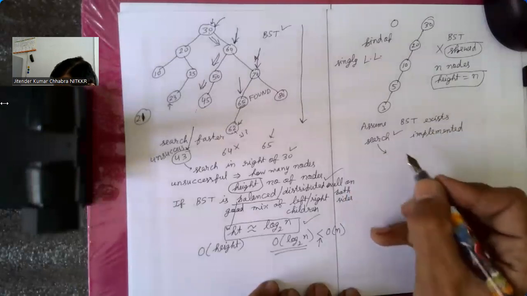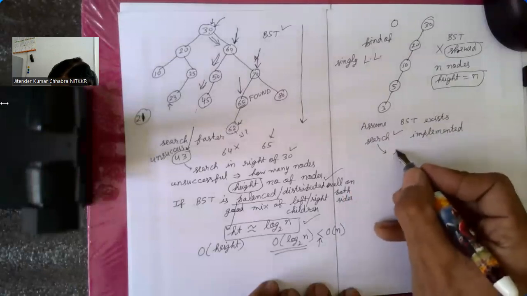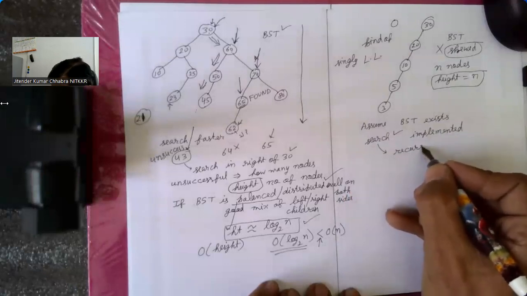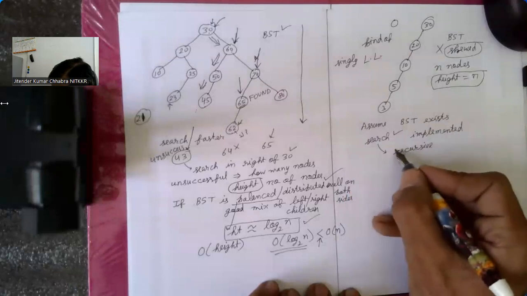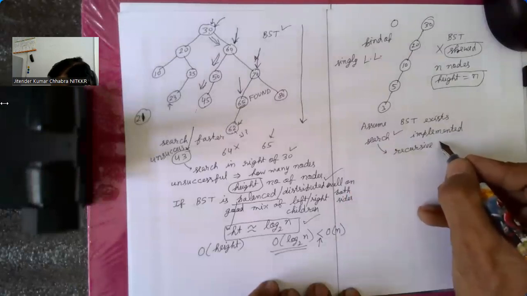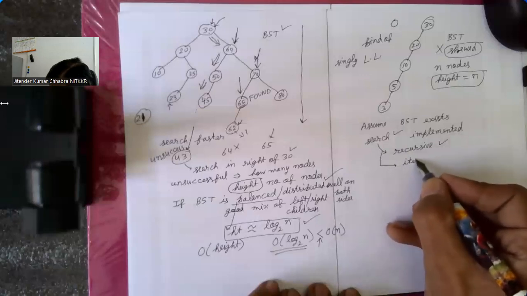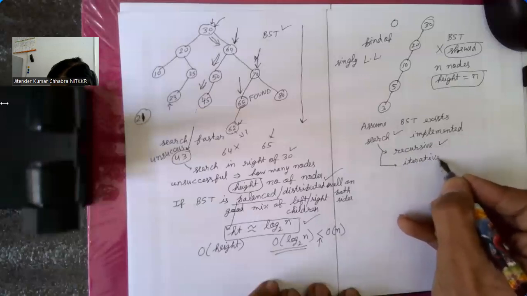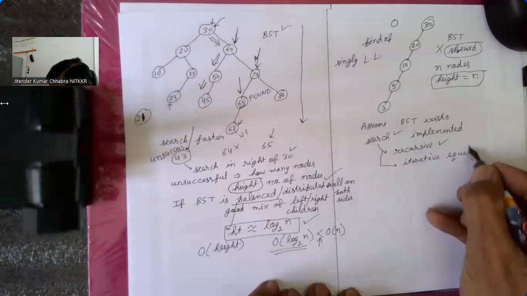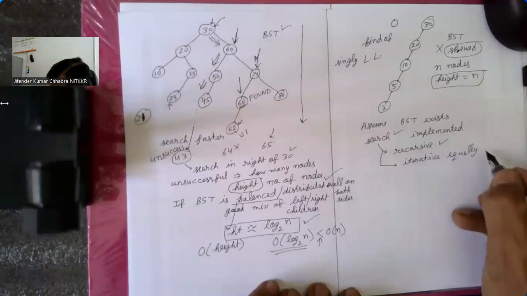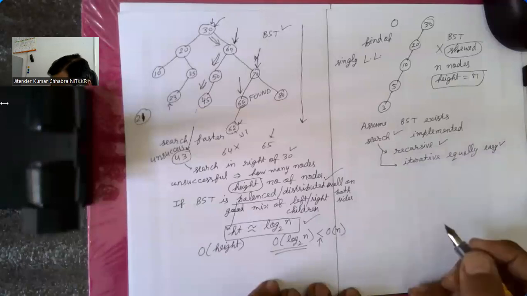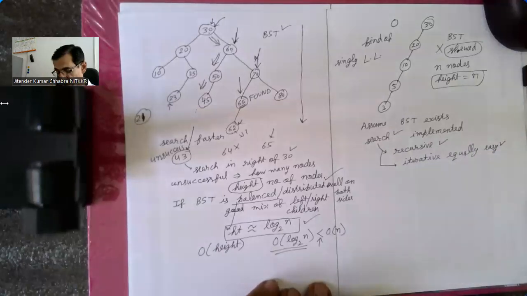Search, of course, can be recursive also, because I can search either on the left side or on the right side based on the data. Recursive implementation is also easy, but iterative is also equally easy, because whatever recursion achieves, the same you can easily implement without recursion also. And so then iterative becomes much easier.